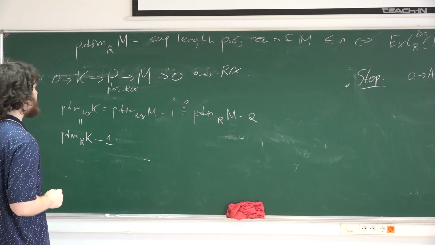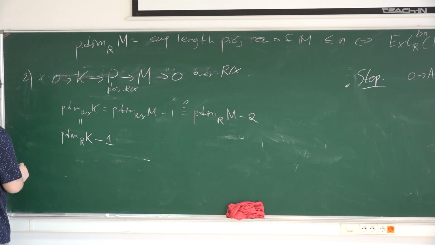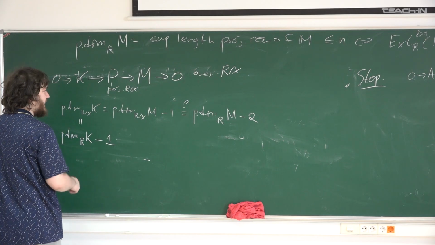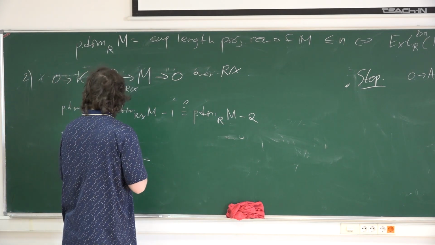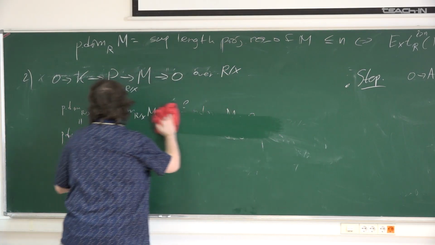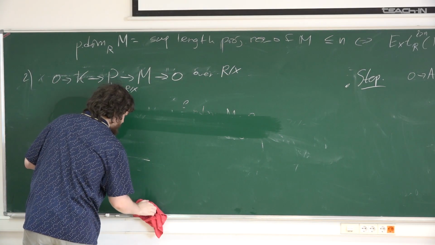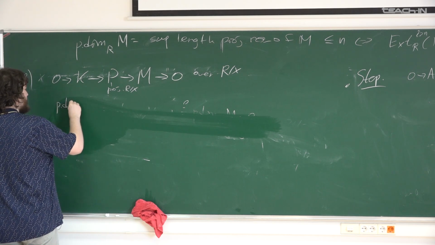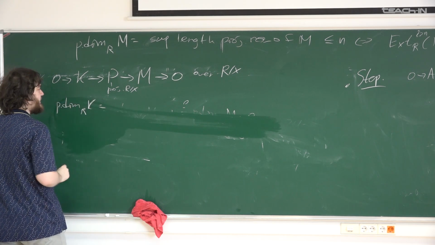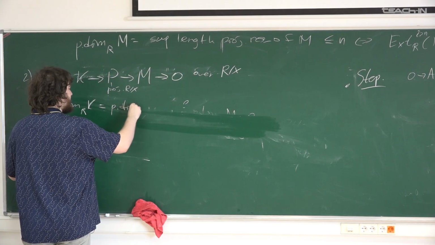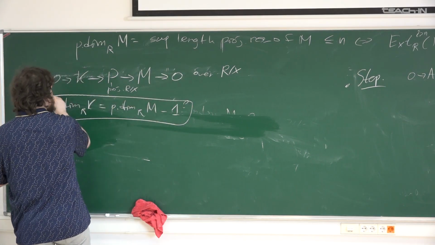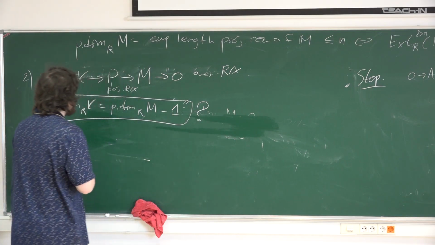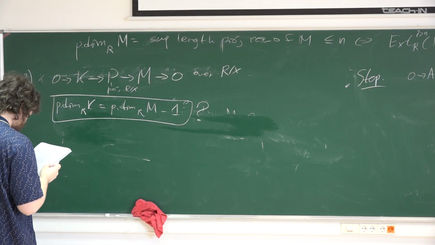So in fact, we need to check that the projective dimension of K over R is equal to the projective dimension of M over R minus 1. It's our question.